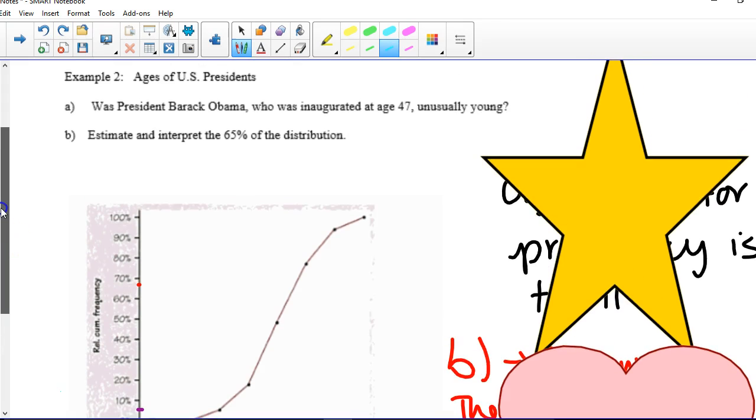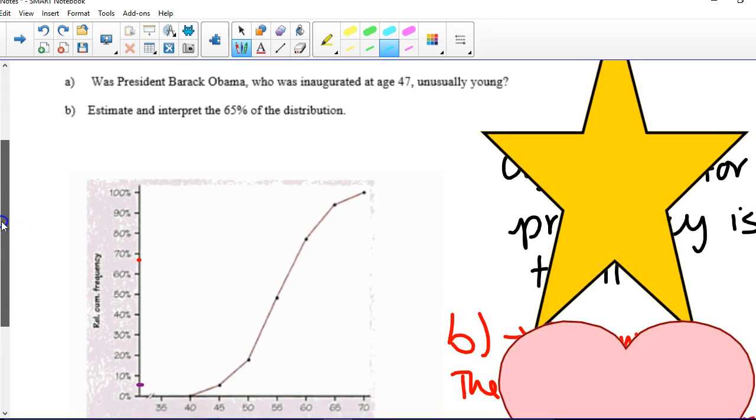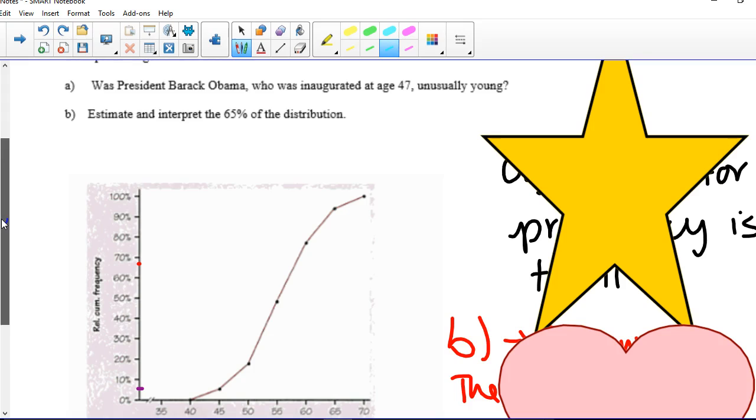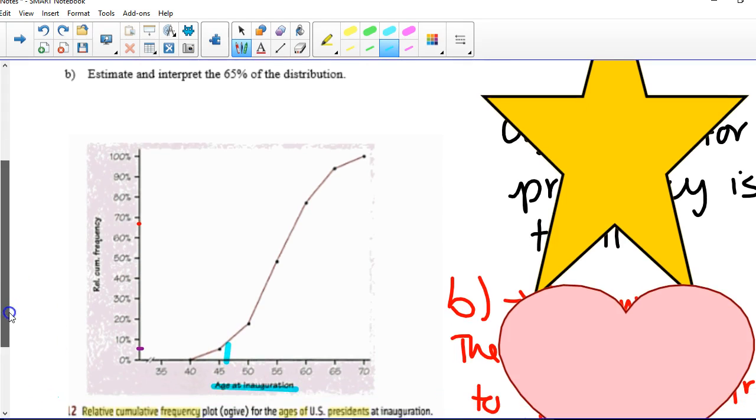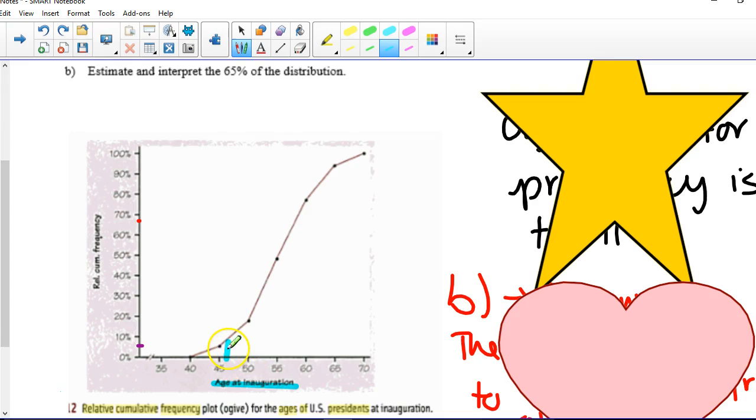Part A asks about President Barack Obama, who was inaugurated at age 47. Was that unusually young? 47 is approximately right here. So I draw my line up because that's my age. So at 47, because that's Barack Obama, I draw my line up, and then I draw across.